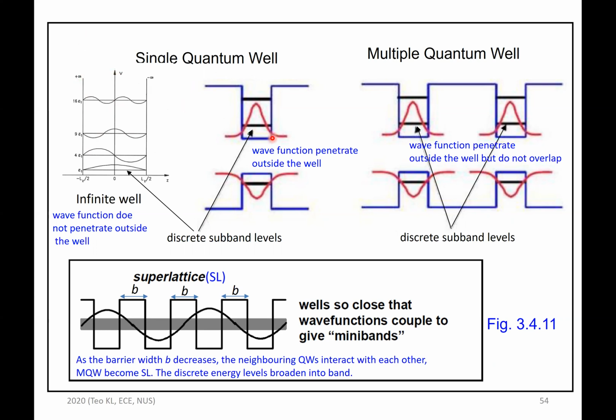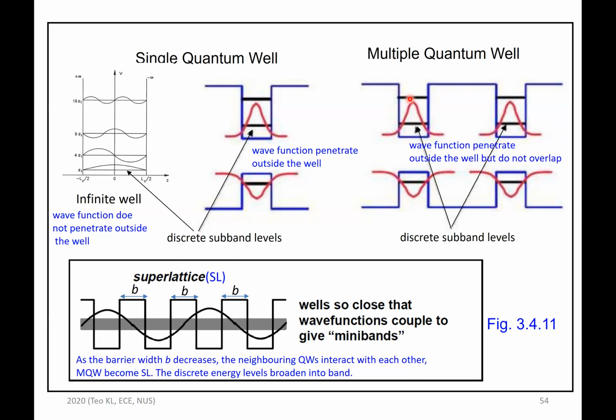Now, for a finite single quantum well, the wave function actually penetrates outside the well, and the discrete subband, of course, is finite depending on the potential barrier height. If you grow multiple quantum wells, that means more than one quantum well, sometimes two wells, we call a double quantum well. More than two we call a multiple quantum well.